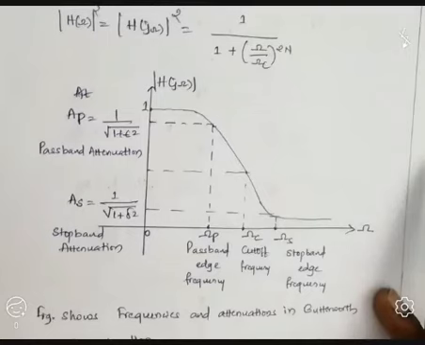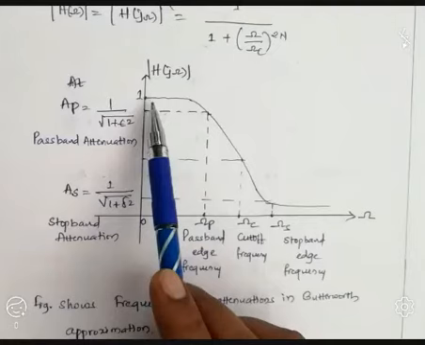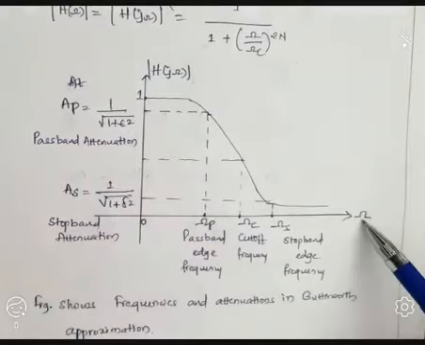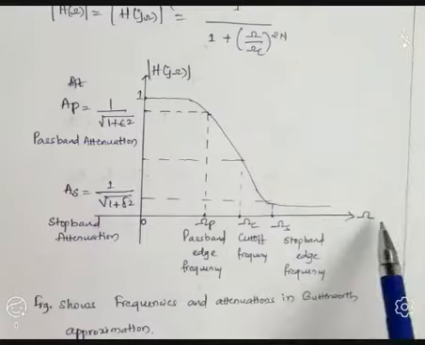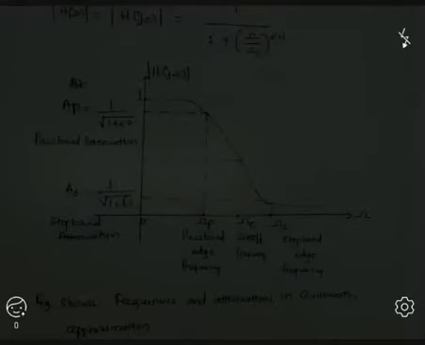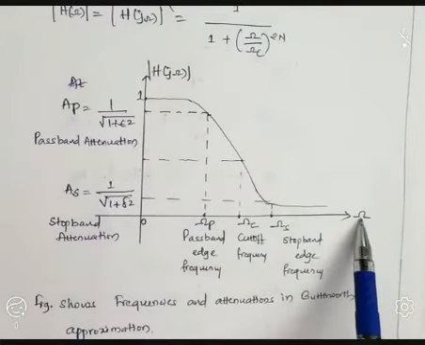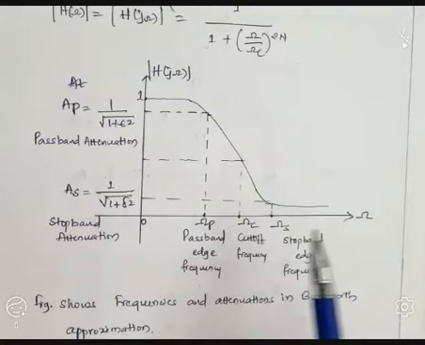See, this is maximally flat. As I told, the Butterworth filter has a maximally flat pass band. The horizontal axis represents the frequency component, and the vertical axis represents magnitude.